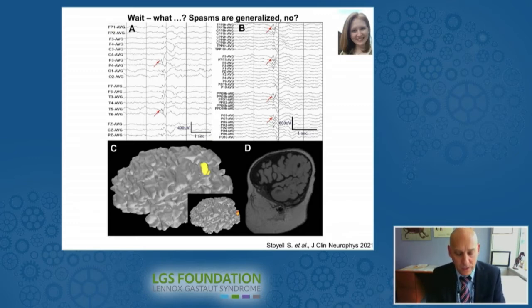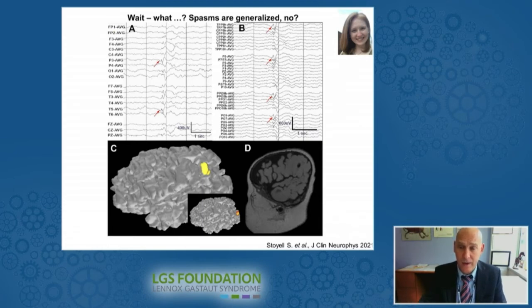Well, in fact, we know from epilepsy surgery, for example, that spasms can be localized, and there is often a local driver. So spasms can either precede or follow focal seizures, and if you have a MEG or a high-density EEG, you may be able to elicit a focus that you otherwise cannot see.